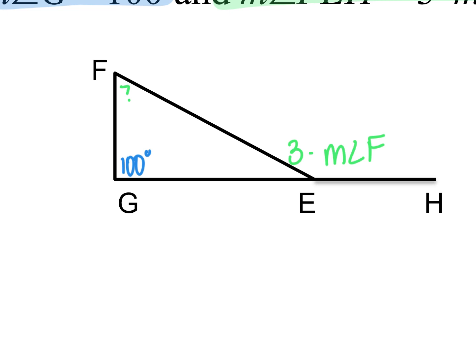You could just represent angle F as X. Okay, so I'm going to erase these little question marks, and the measure of angle F, I'm representing as X. So I will put that in red.